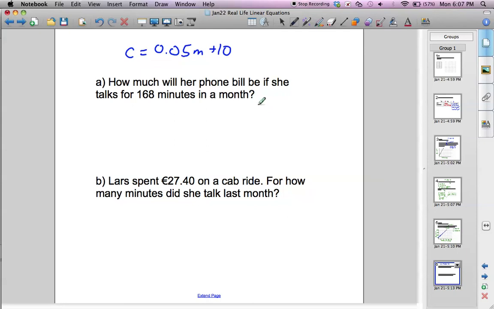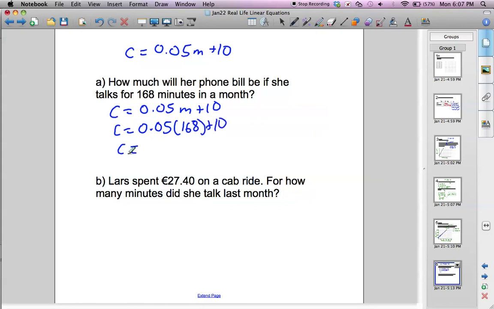Okay, so how much will her phone bill be if she talks for 168 minutes? So let's use our equation. Cost equals 0.05 times number of minutes plus 10. Cost equals 0.05 times 168 plus 10.